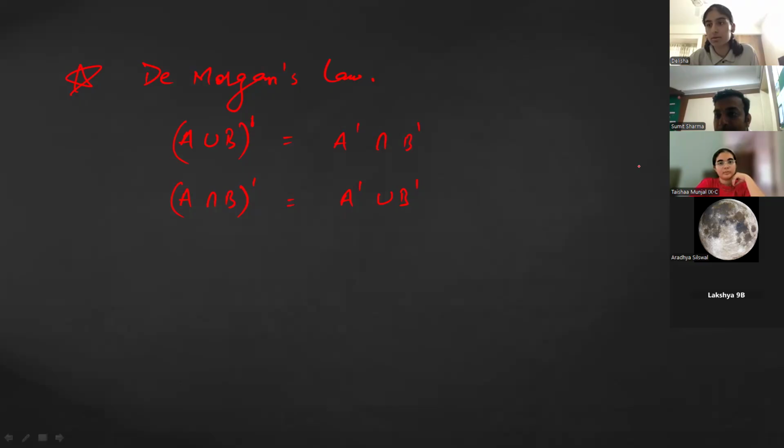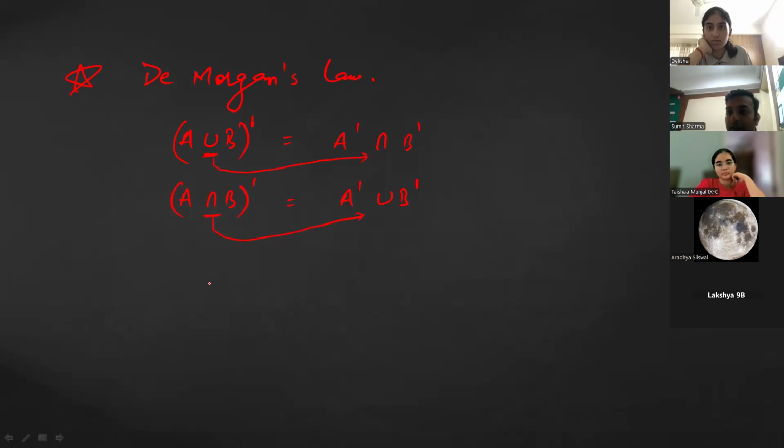Yes, sir. De Morgan's law is a property of complements where we change union to intersection, right? Here it is union, but after opening the bracket, it will become intersection. Similarly, we are converting intersection to union here, right?